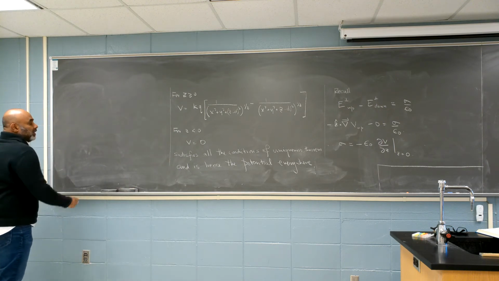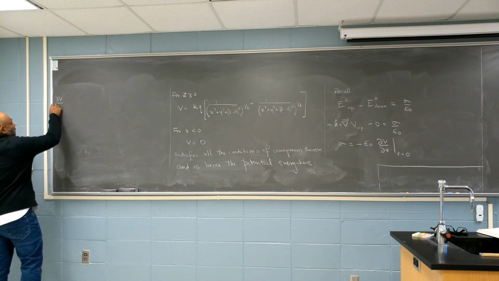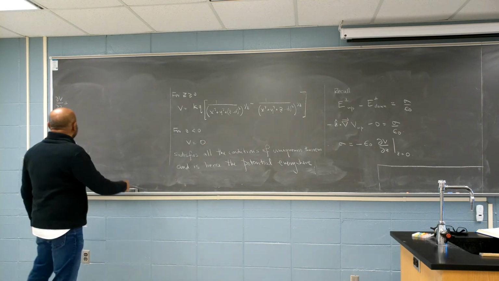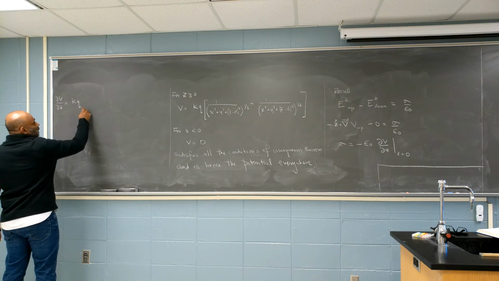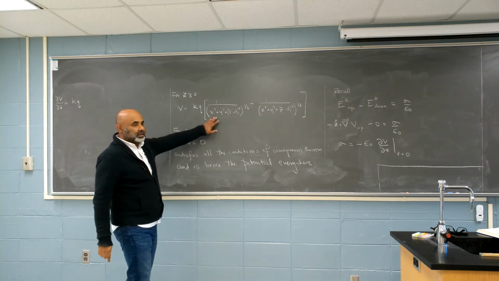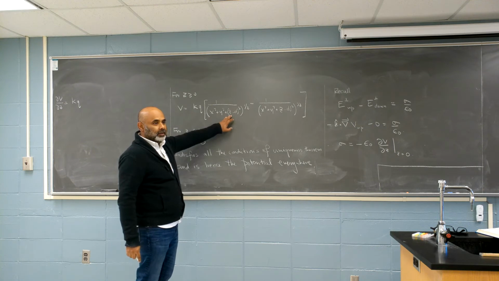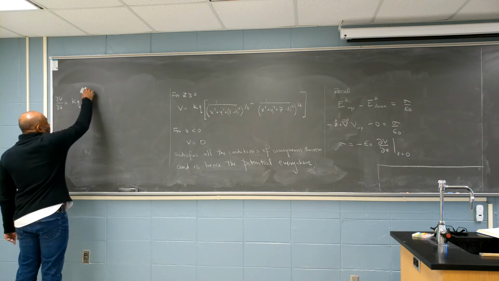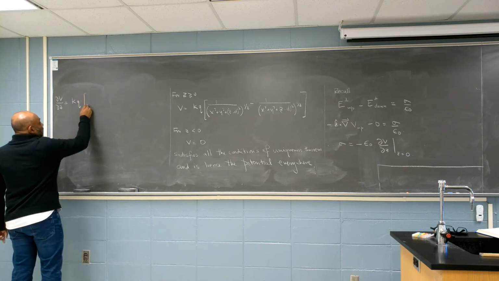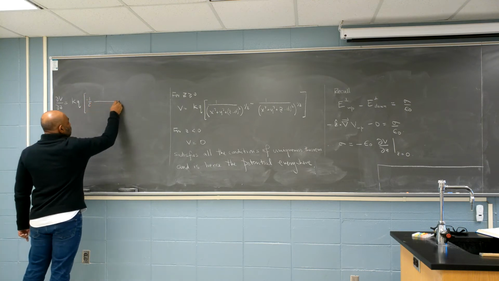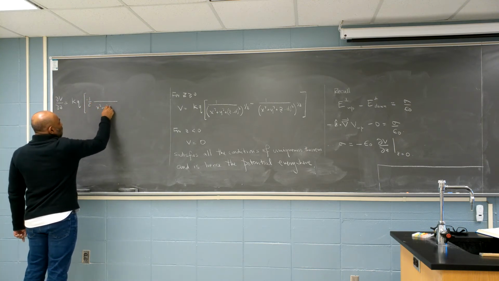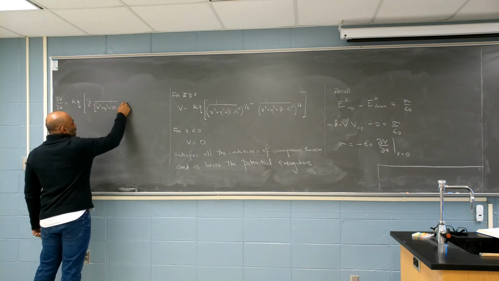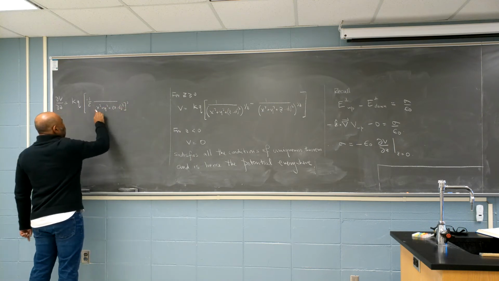So, let's find dV dz using this guy. I have kq. Then the derivative of this with respect to z. So what do I get? It's something to the minus 1/2. So I would get minus 1/2 times x squared plus y squared plus z minus d squared to the 3/2.